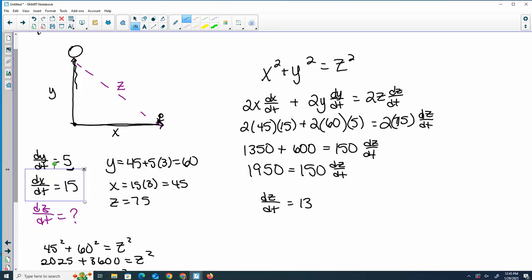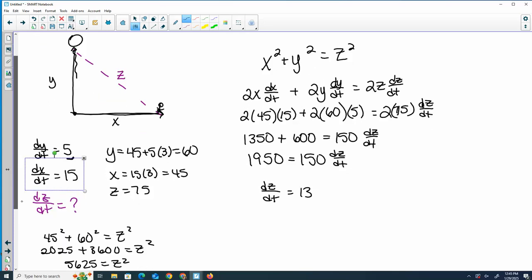Alright, z was measured in feet and t was in seconds. So the distance between them is increasing 13 feet every second.